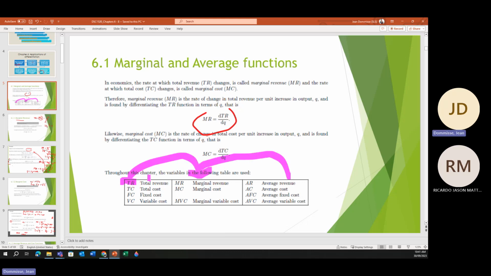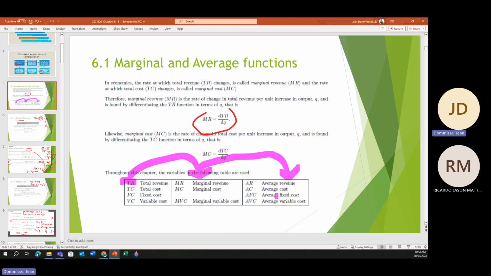So we will differentiate a total revenue to get to marginal revenue. Marginal revenue, we will divide by the quantity to get to your averages.